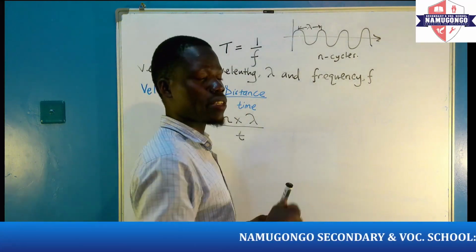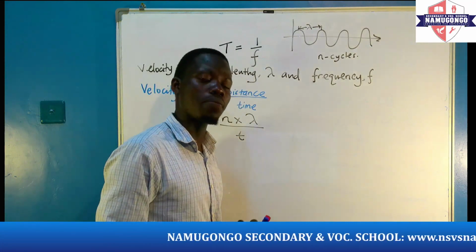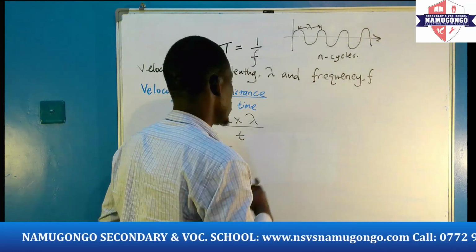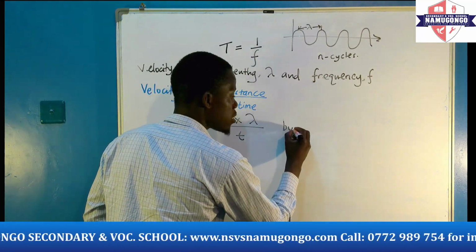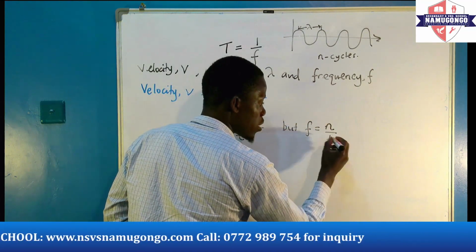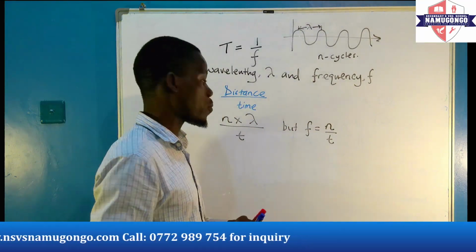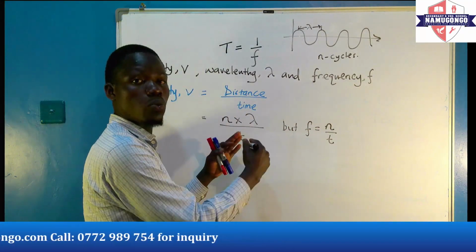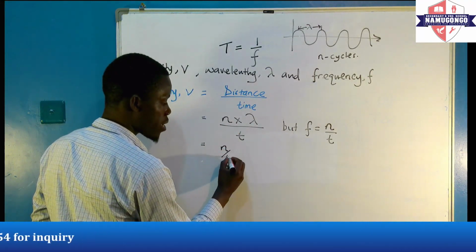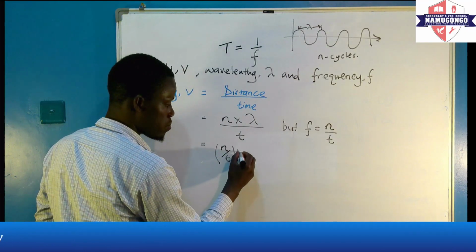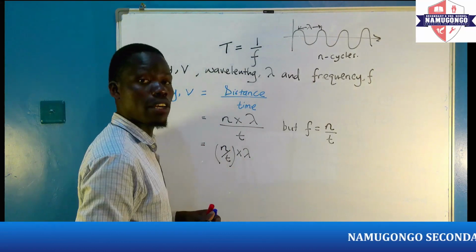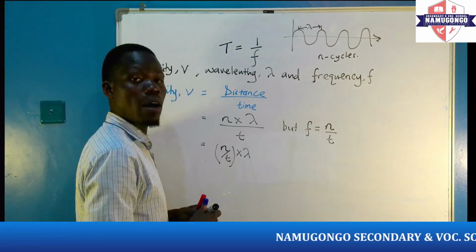Remember, in the previous scenario, we said that frequency is the number of complete oscillations per given second. So we shall say that f is equal to the number of oscillations per given time. Now we are going to rewrite this, and we shall form n divided by t times lambda.